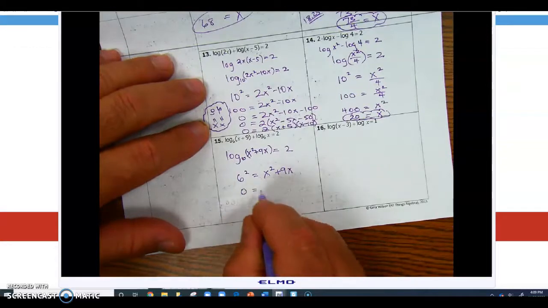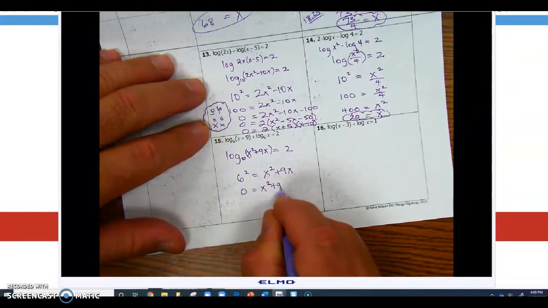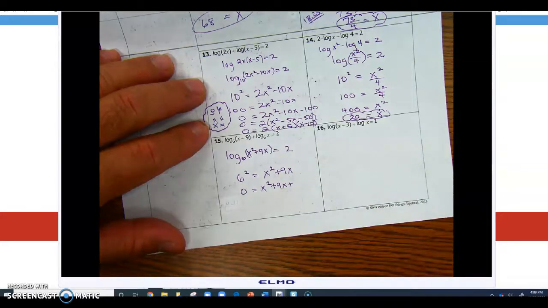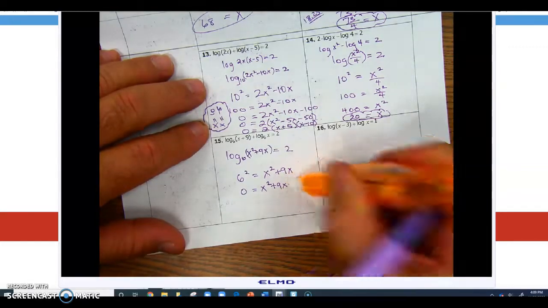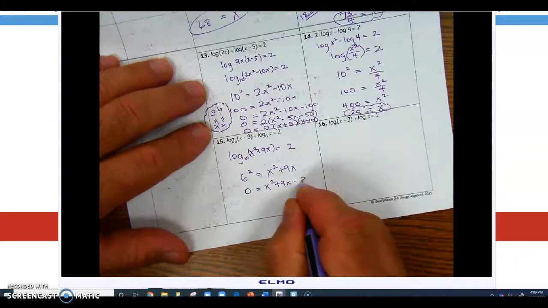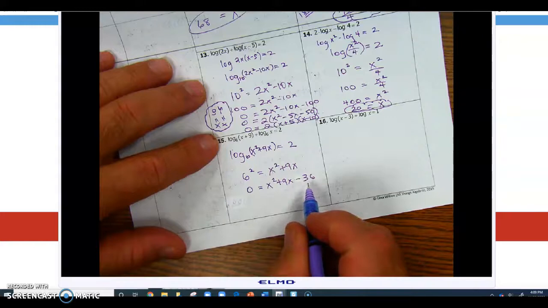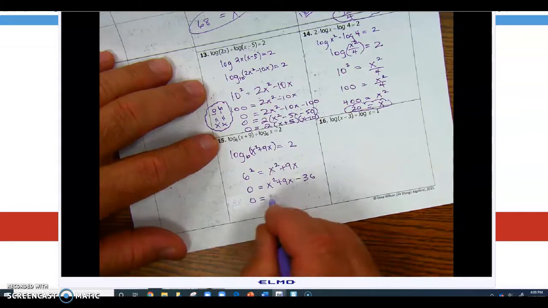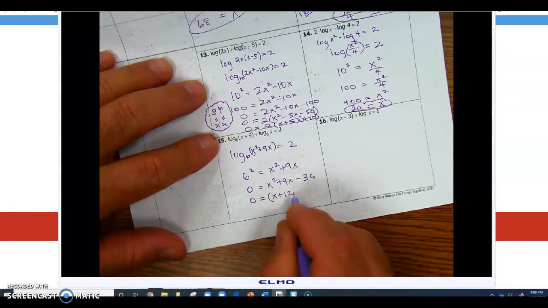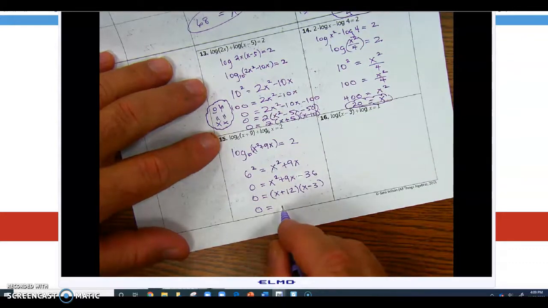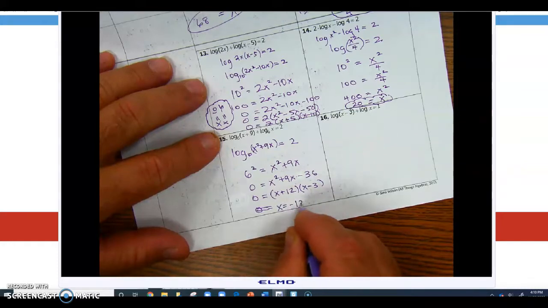So 0 equals x squared plus 9x minus 36. 12 and 3. 0 equals x plus 12 times x minus 3. x equals negative 12 and 3.